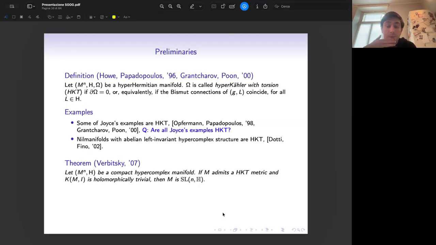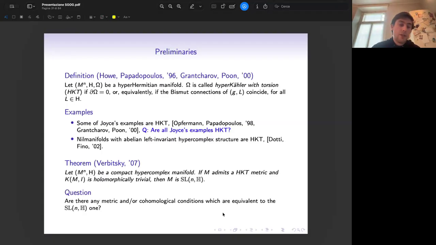But on the contrary, we have plenty of examples of SLNH manifolds which do not admit HKT metrics. So the very first question that motivates our work is the following: can we find metric and/or cohomological conditions which are equivalent to the SLNH one?